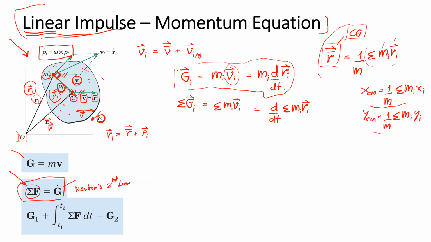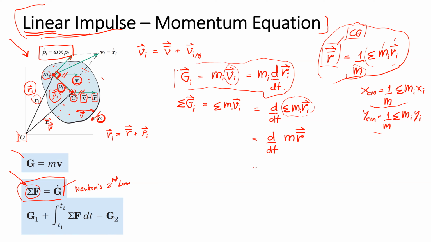But for the vector form, the position vector of the center of gravity is 1 per the total mass multiplied by the summation mi ri. So this summation of mi ri, we can consider it as the total mass of the rigid body multiplied by the position vector of the CG.